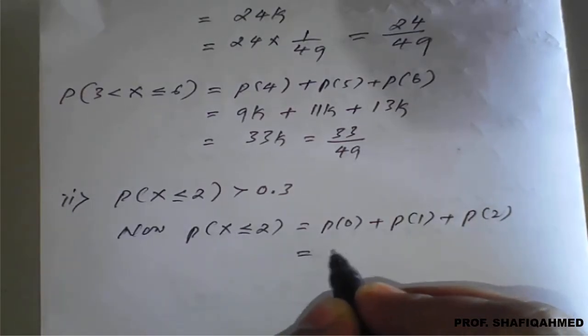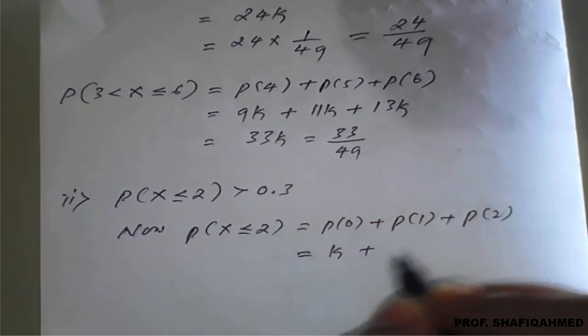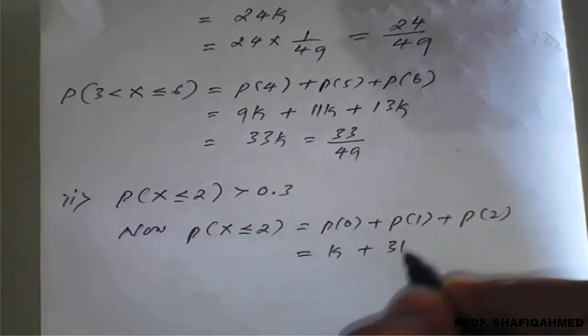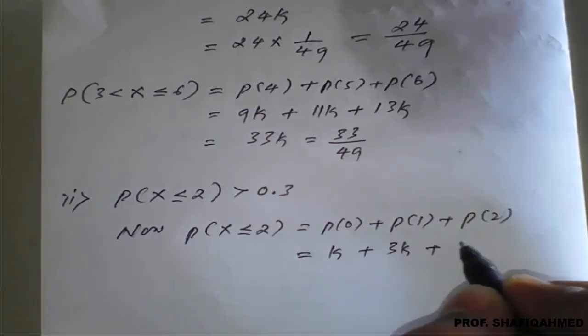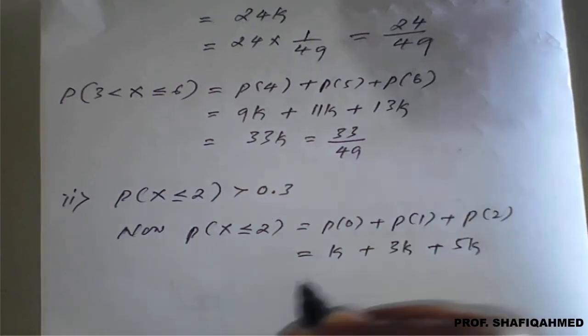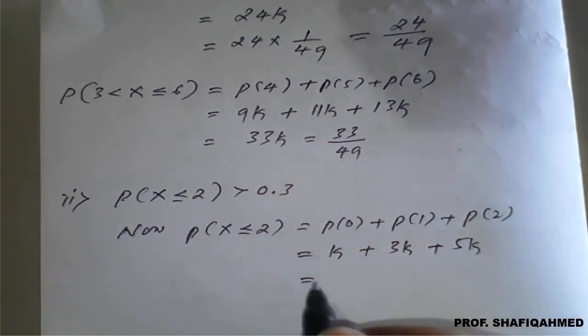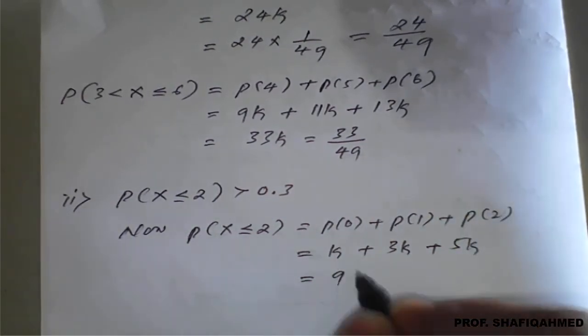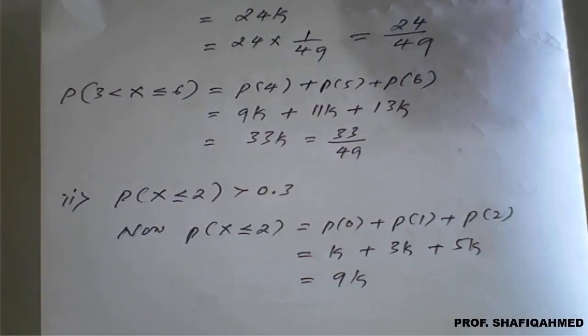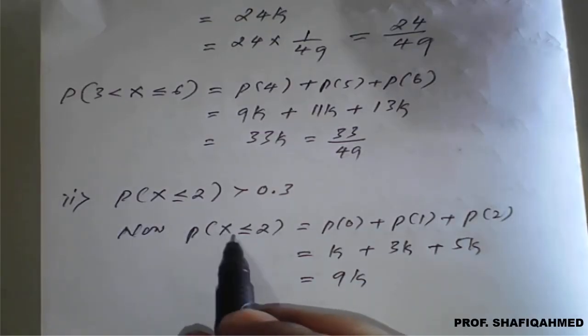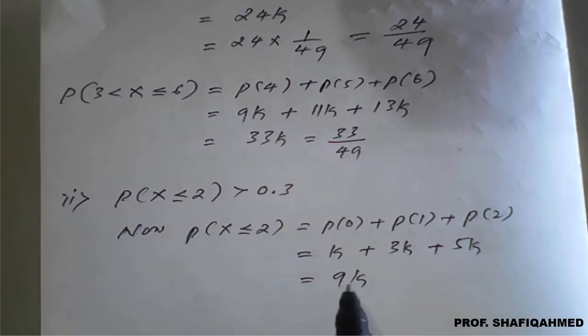So P(0) we know is k, P(1) according to the table is 3k, and P(2) according to the table is 5k, so it will become 9k. So the answer of P(X ≤ 2) is 9k.